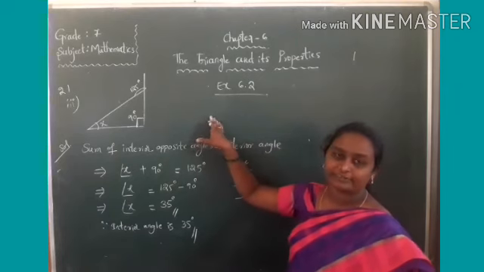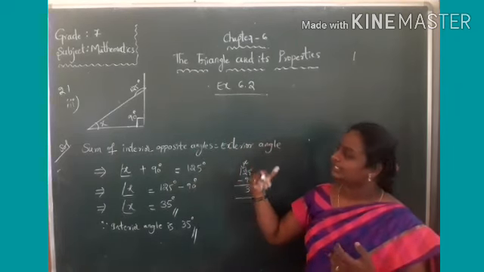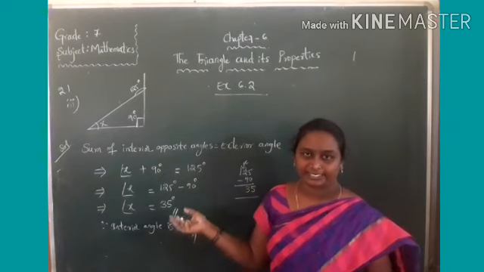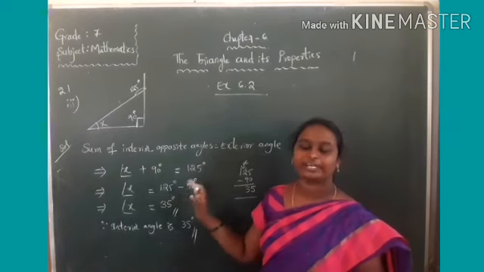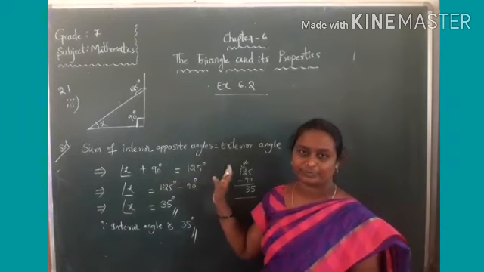In some figures they will give the exterior angle, in some figures the interior angles. Whatever it may be, you have to find the unknown value using this property.